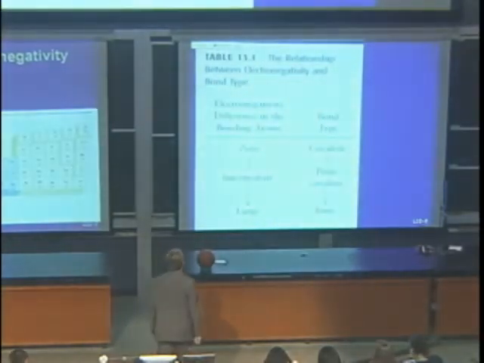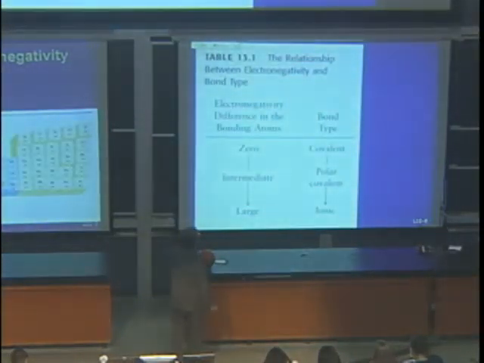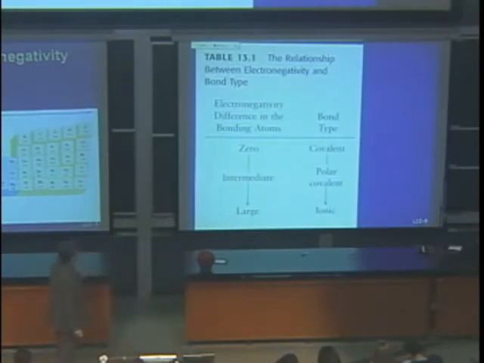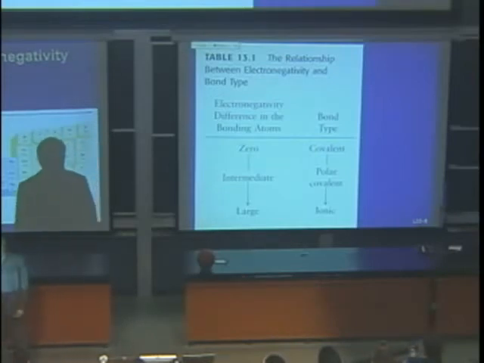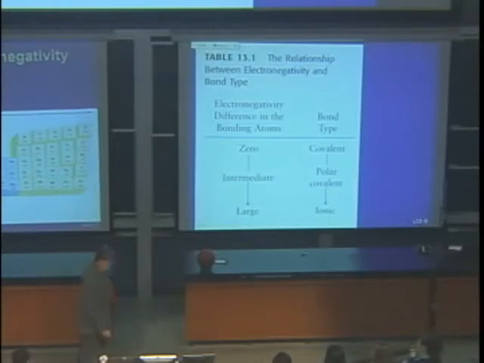Let me summarize what we just have learned. If we have the electronegativity difference in the bonding atoms of 0, which would be the ideal case, it only happens if you have the same kind of atoms. If you have 2 chlorines, or 2 hydrogens, then you have a perfect split, and it's 0, so you have a perfect covalent bonding.